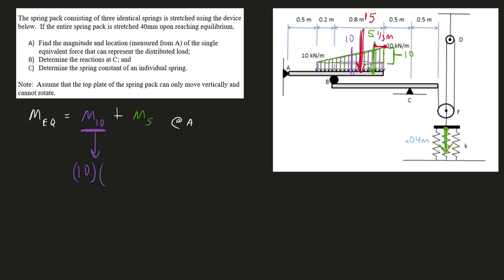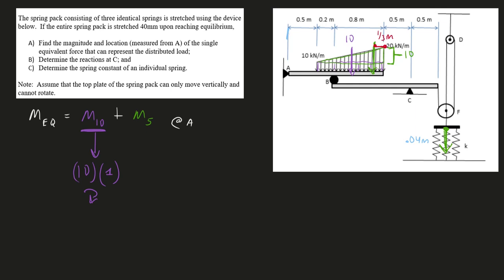That lever arm is going to be this distance here. The best way to calculate that is we have half of this base right here, so that is half of 1 to make 0.5. That is our distance here. And then this is another 0.5. So 1. And that moment will be clockwise.